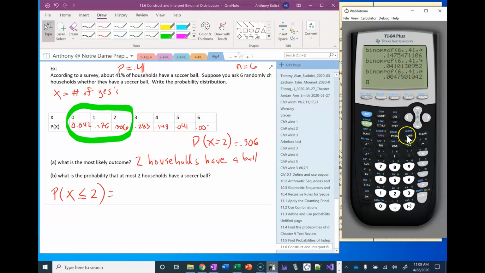So if we do second vars and go down, and this time we're going to use Binomial Cdf. So again, we had 6 trials. The probability is still 0.41. And the x value here is 2. And we hit paste. And we do that, and we get 0.524.